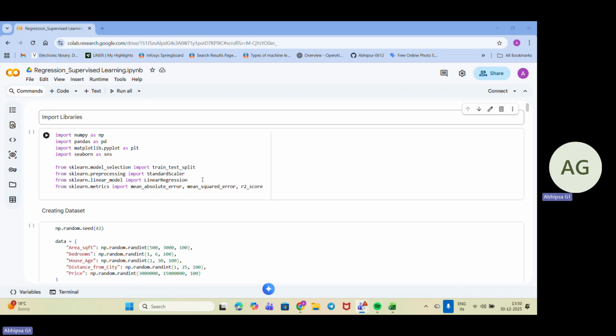And then from sklearn.metrics we have taken mean absolute error, mean squared error, and R squared.